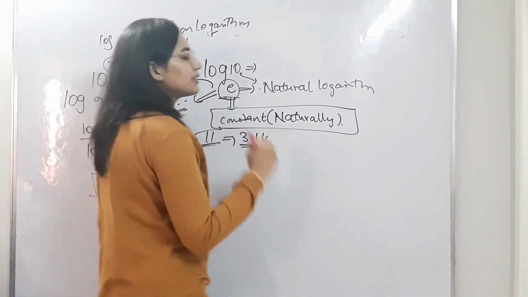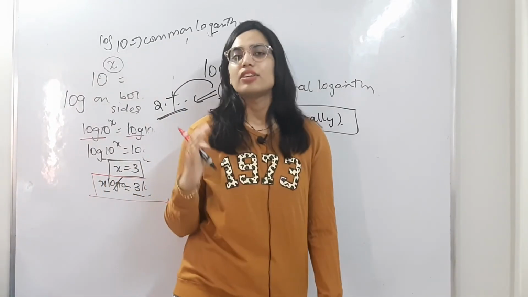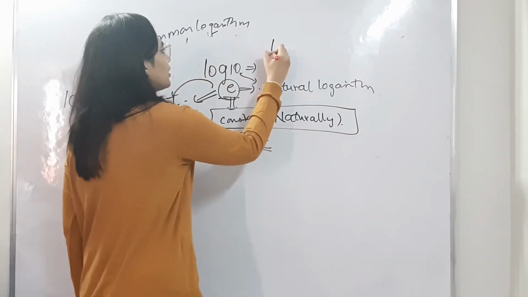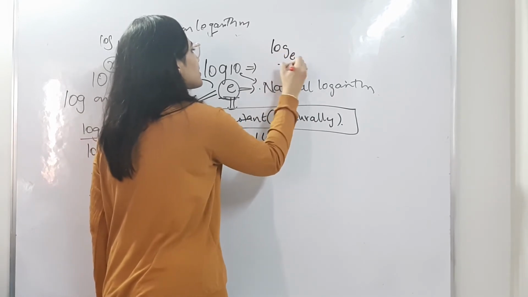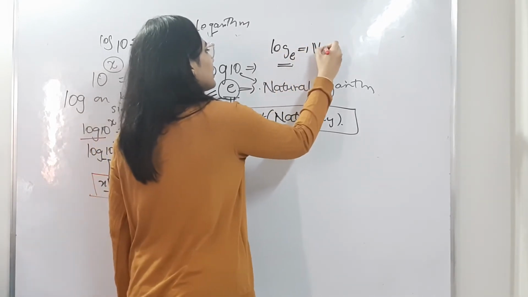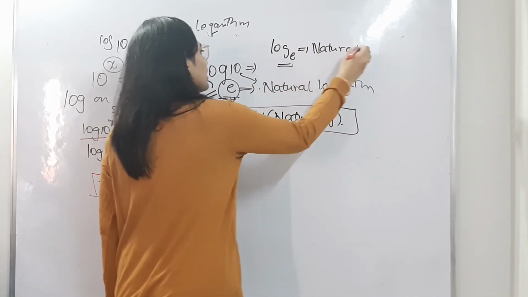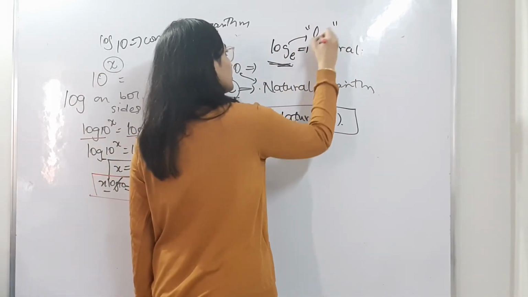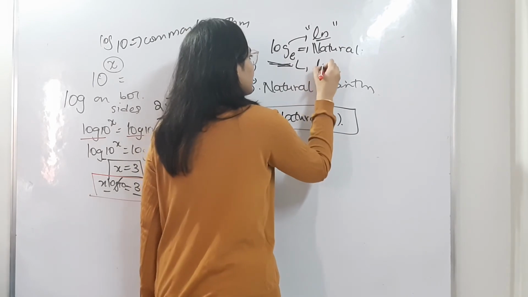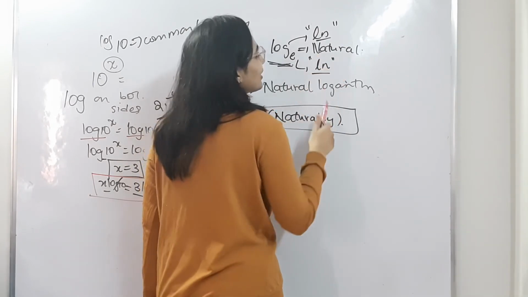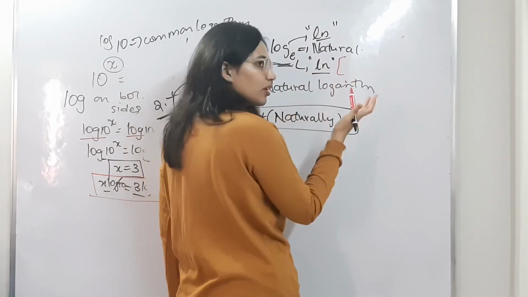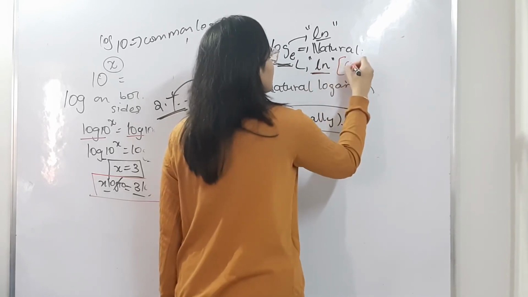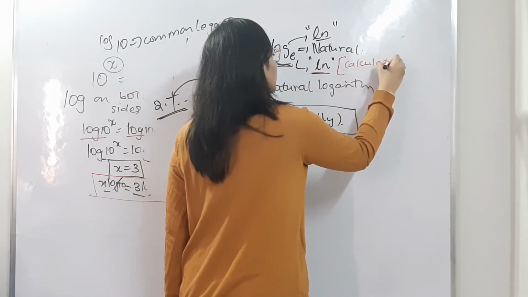So the other base that we use in logarithms is log to the base e, which is called the natural logarithm. We also represent this as ln, and this is how it's represented on the calculator.